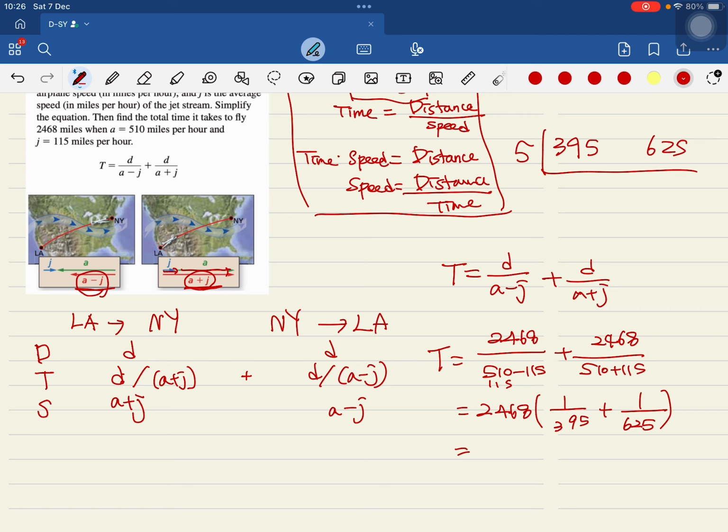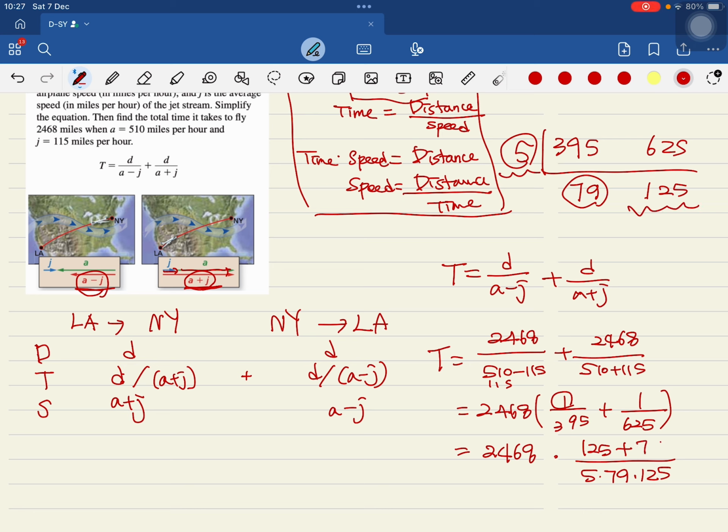Let's divide by 5. 79, ew, 125. It's not very helpful. So 2,468 times 5, 79, 125. Because this has only 79 and 5, we need 125. Plus 625 has 125 and 5, so we need 79. 2,468 times 5, 79, 125.